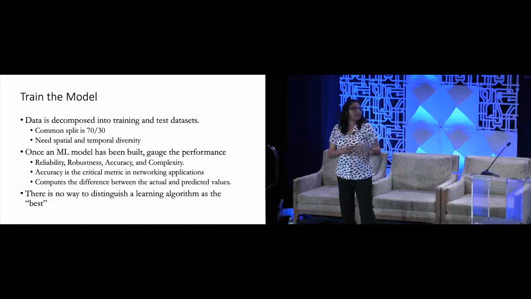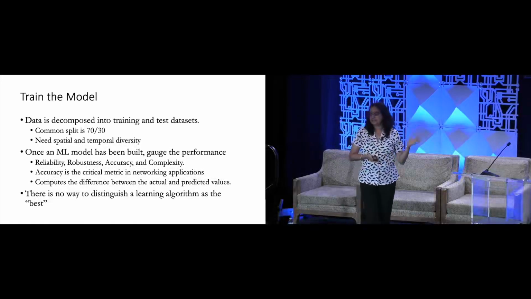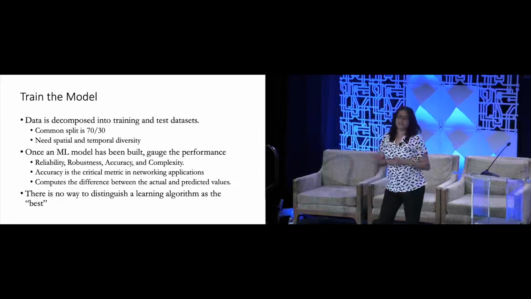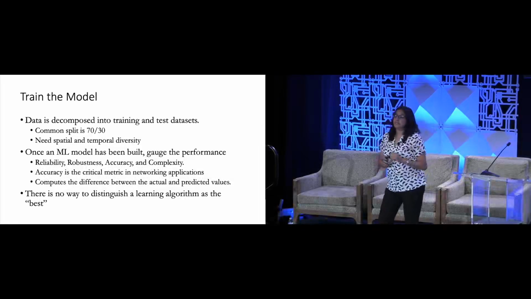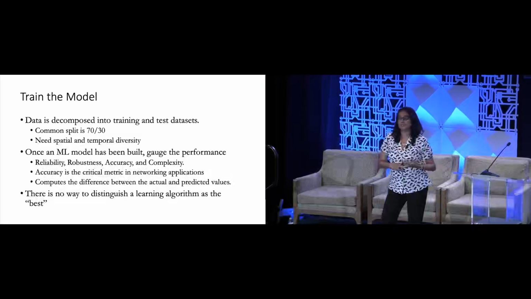So the next part is training the model. There's nothing really specific about it. This is a common 70-30 split. So 70% of the data is used for training the model and 30% is used for testing. One of the things that I do want to stress is the need for spatial and temporal diversity.